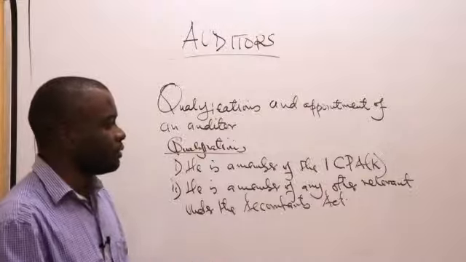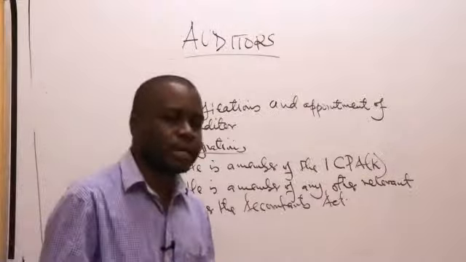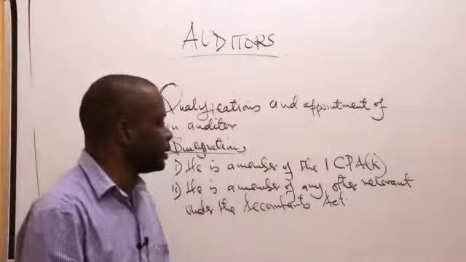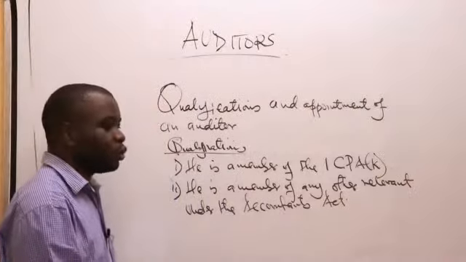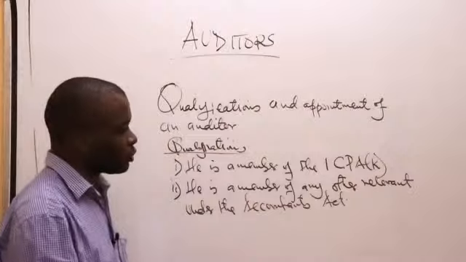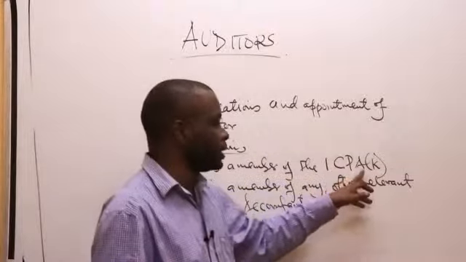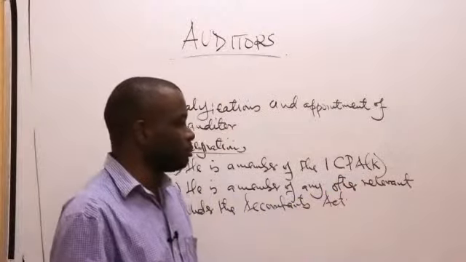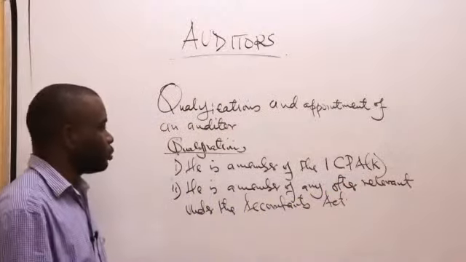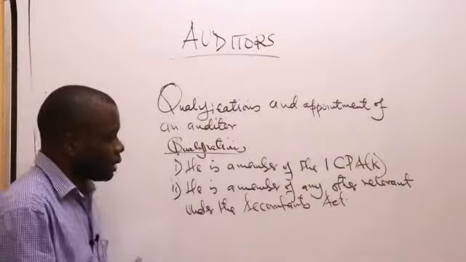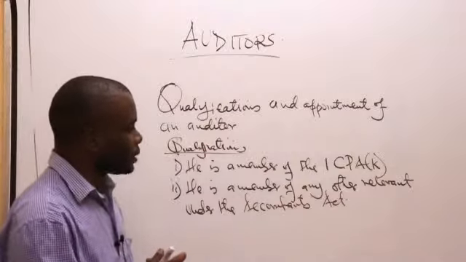Maybe you've done a foreign qualification that can be recognized in Kenya, like ACCA. In such a case, they could look at any other relevant qualification that ranks the same as having a CPA in Kenya. Then they can approve you to be an auditor, or to provide auditing services.